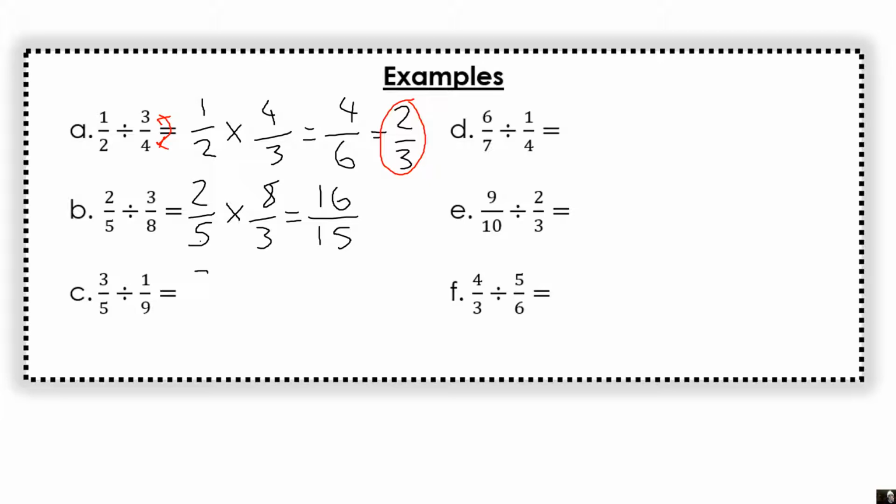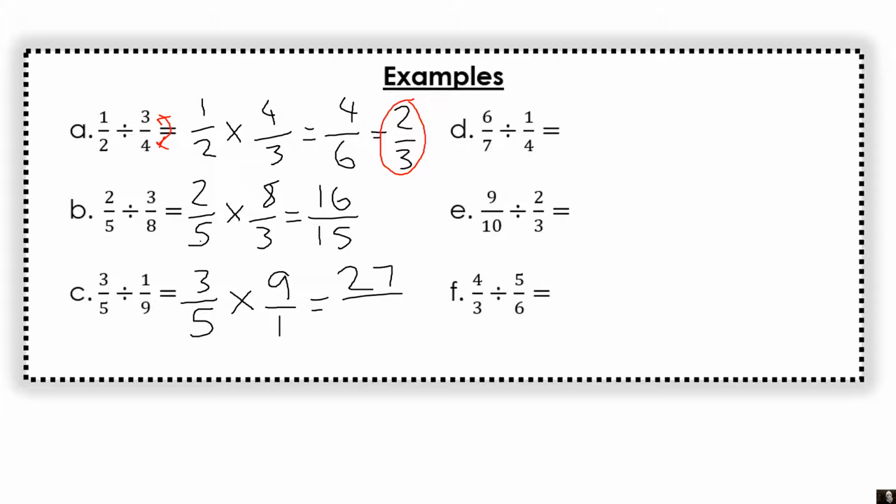I'll start by writing out my first fraction, 3/5. Now I'm going to times by the second fraction, but I'm going to flip it first. So 9/1. So I do the tops first, the numerators, 3 times 9, which is 27.